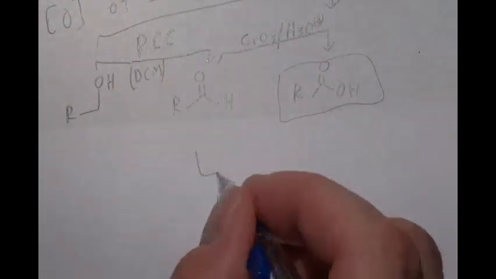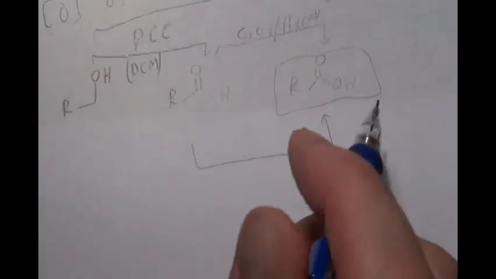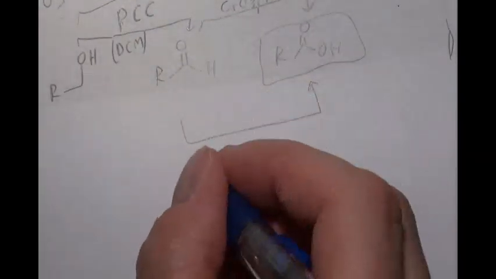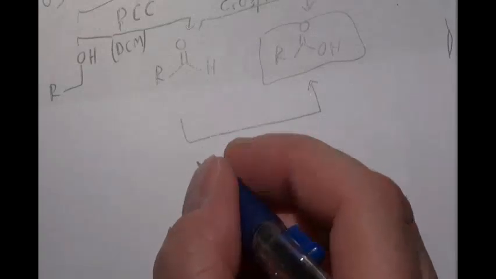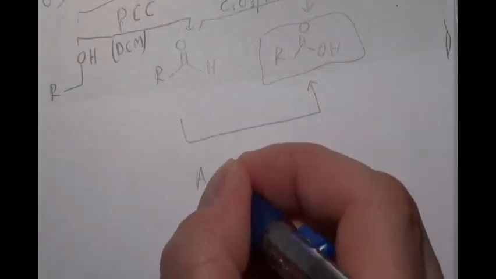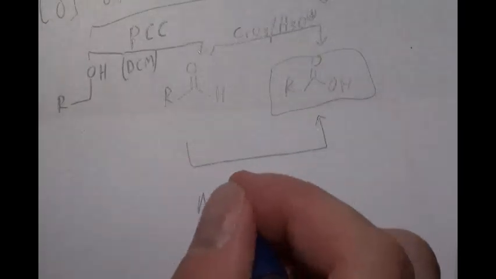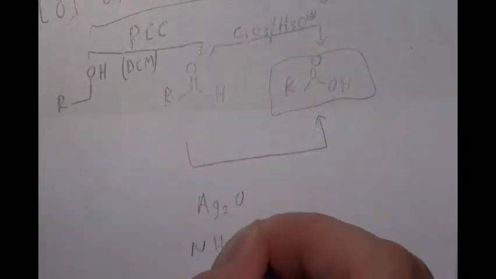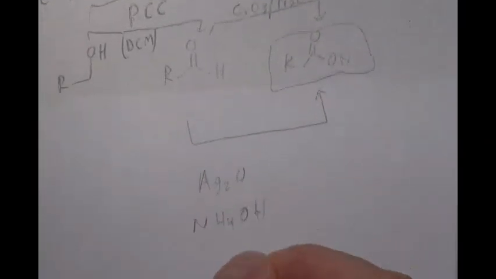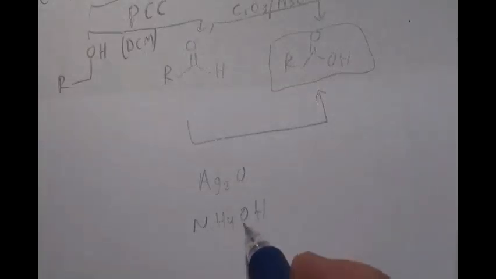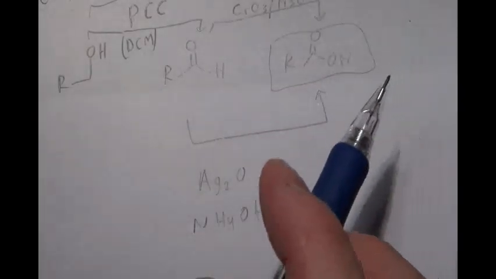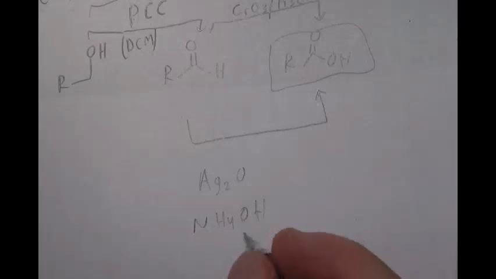There's also another way to go from the aldehyde to the carboxylic acid selectively, which is Ag2O, silver oxide, and NH4OH. This is selective, so it only oxidizes aldehydes to carboxylic acids. We're just introducing this.